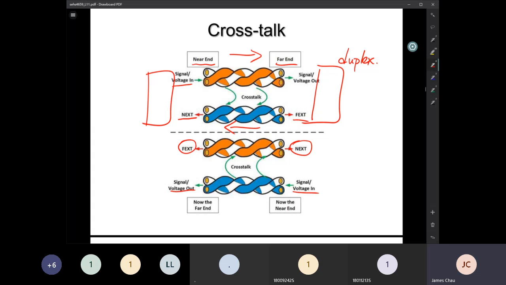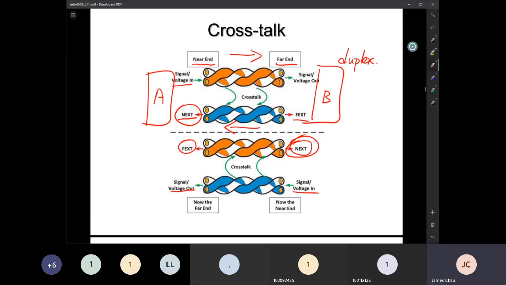If you are looking at system A, you may consider that the rear end crosstalk will be induced in the other cable at the left hand side. But if you consider that B is sending out a signal, at that time on the right hand side it will induce a rear end crosstalk.